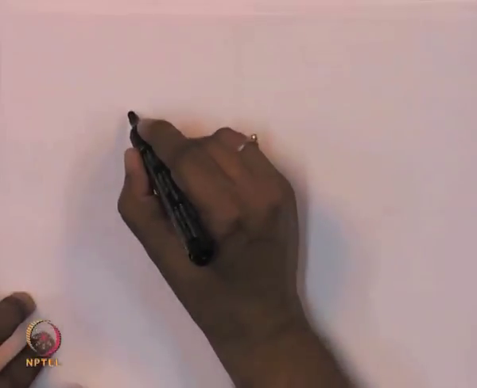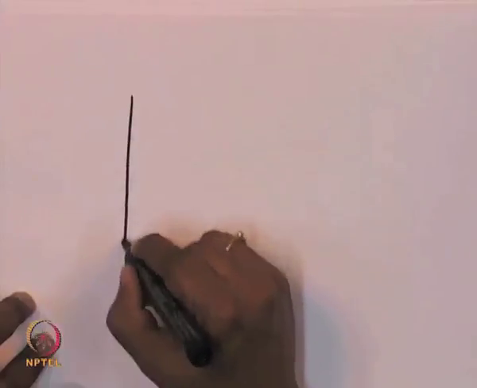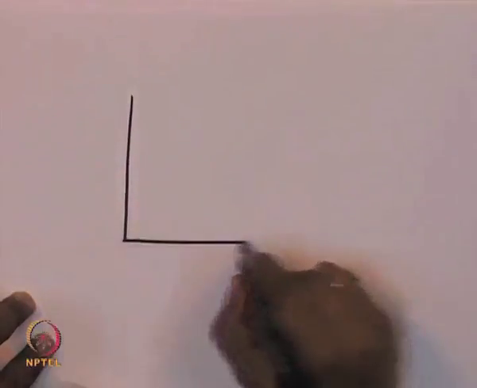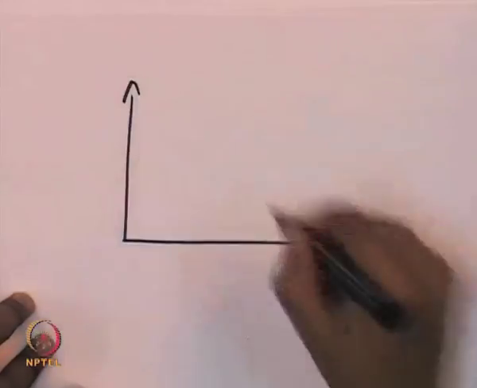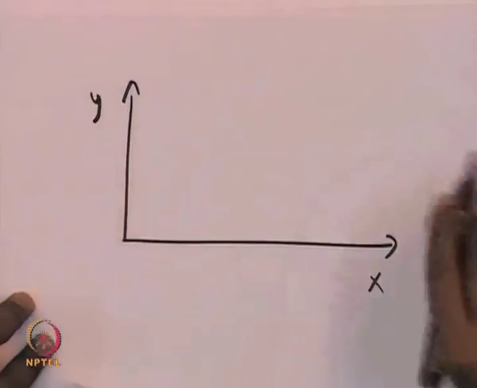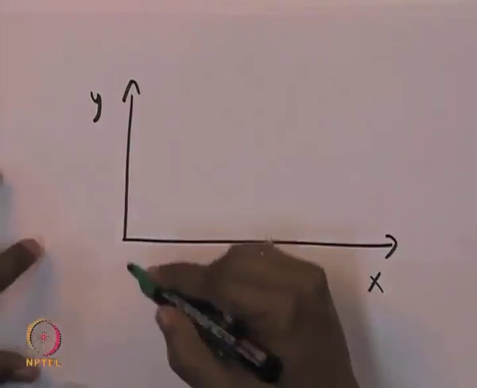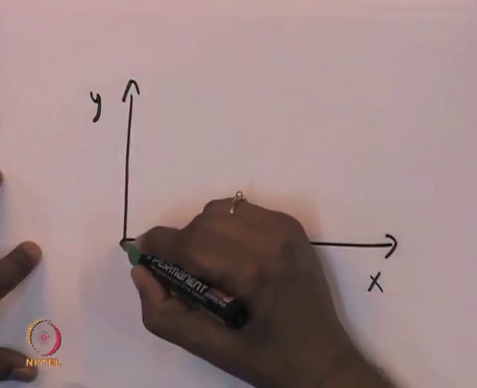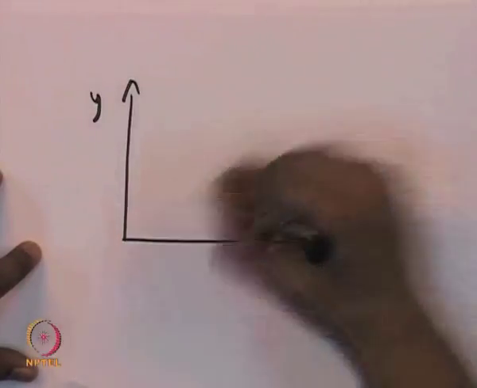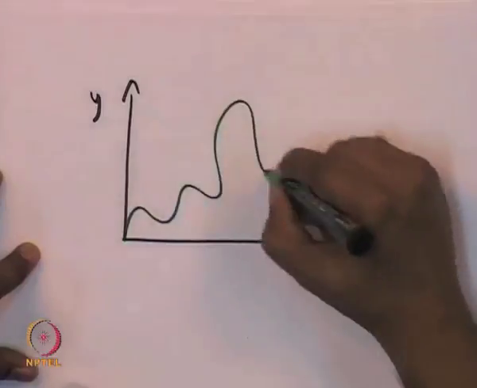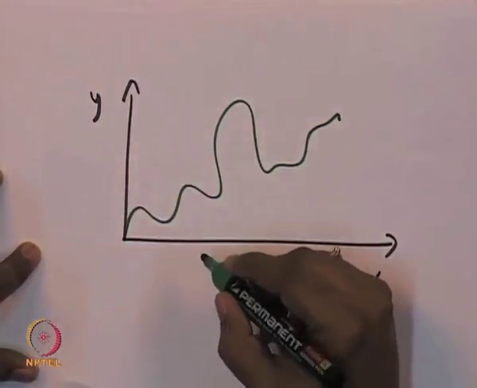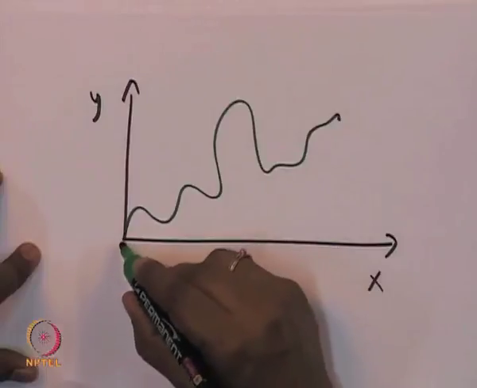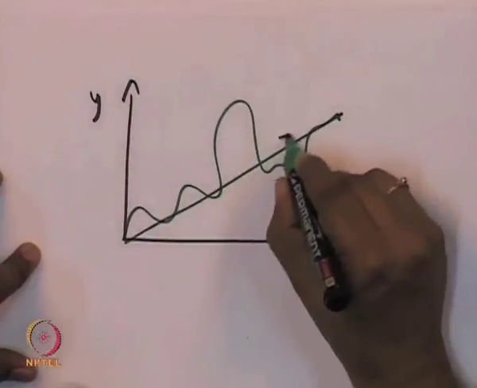Imagine for simplicity that this is our x axis and this is your y axis, and imagine that the end to end distance, the DNA is in this particular direction, and this end to end distance will have some vector r.